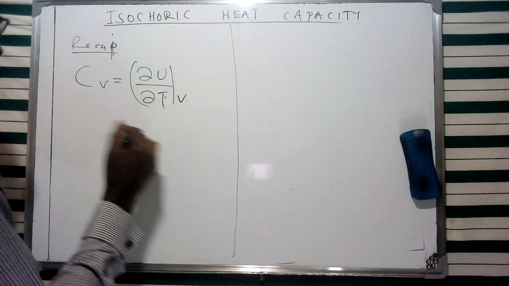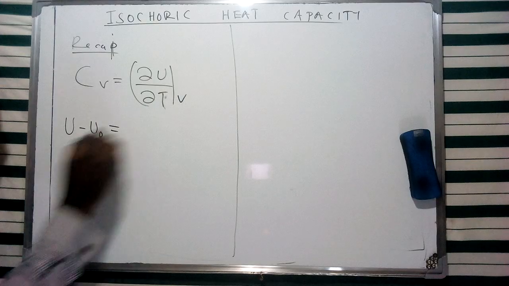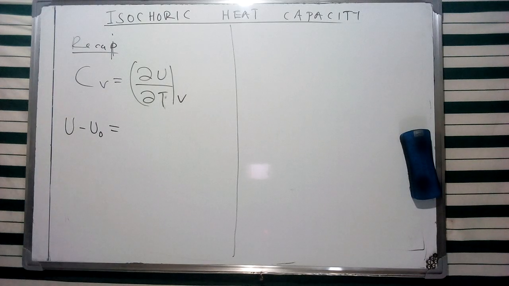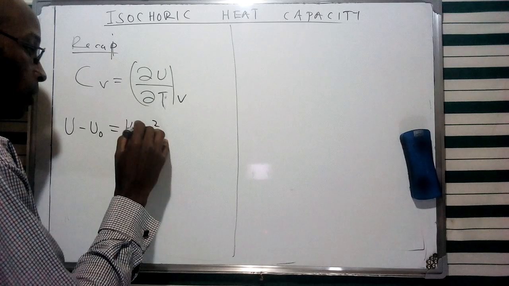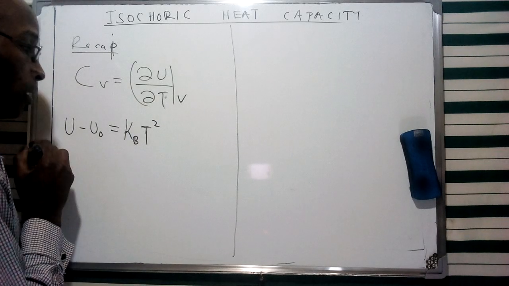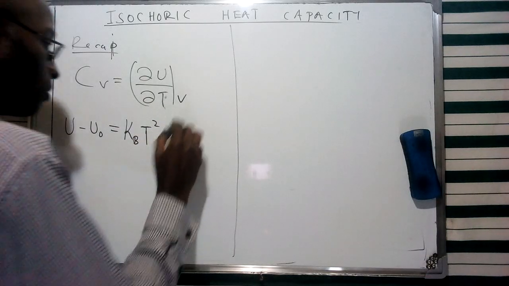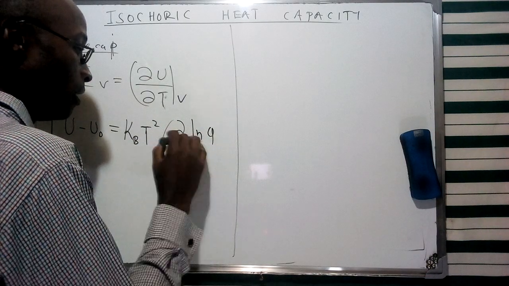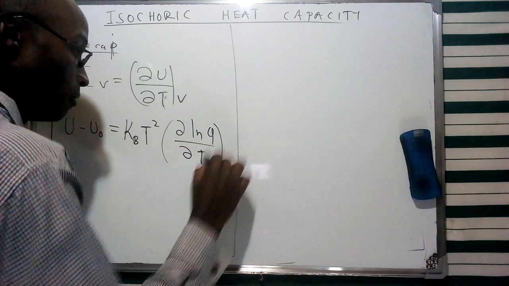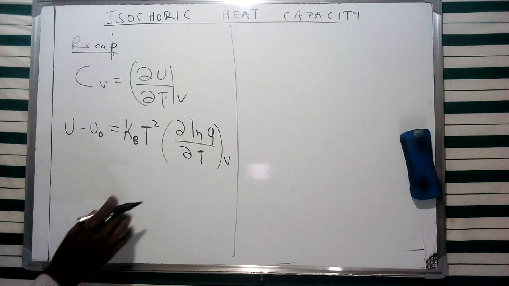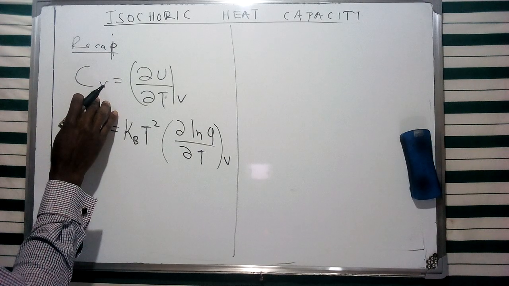And then we said that we had found a derivation of the internal energy represented in terms of the partition function, given as k_B T squared, and this was given as the derivative of the natural log of Q with respect to temperature at constant volume, given as such.